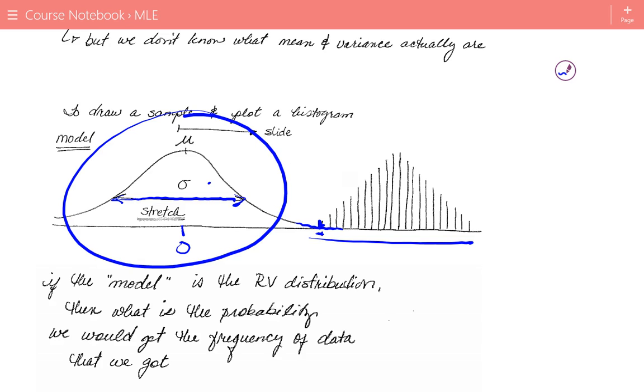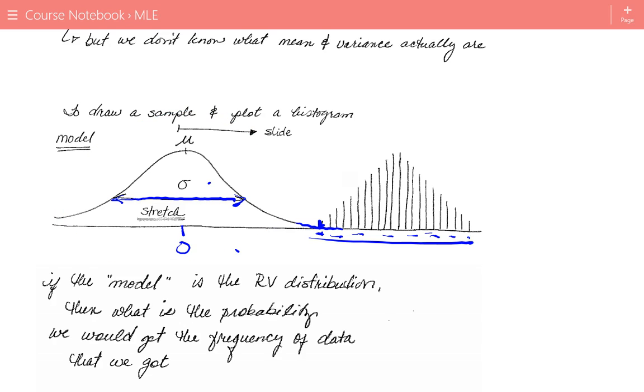Basically we're stretching this curve out. The probability of getting data here is clearly going to be very, very small, since these particular values for a random variable have very low probability under the distribution being considered. So the probability of getting realizations from the random variables that underlie the data that give a histogram as shown is very small.